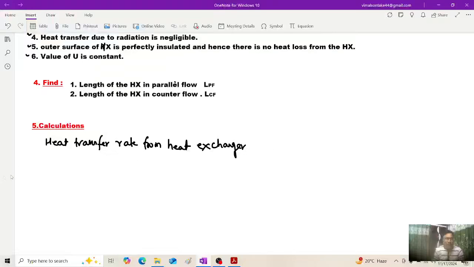This expression is nothing but capital Q, and it is given by UO AO into LMTD is equal to UI AI LMTD.